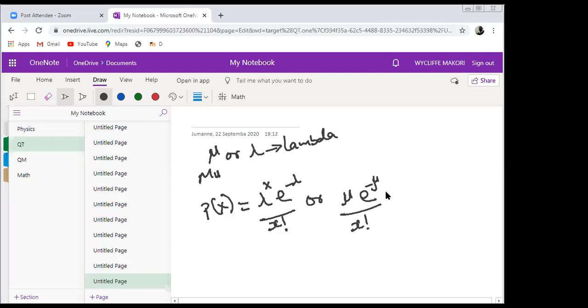If you can hold your calculator, just hold it so that I can show you where the E is. Are you able to see where you have the button for log? Then adjacent, the next one, there is a button that is written IN. On top of this, there is E power X written there.